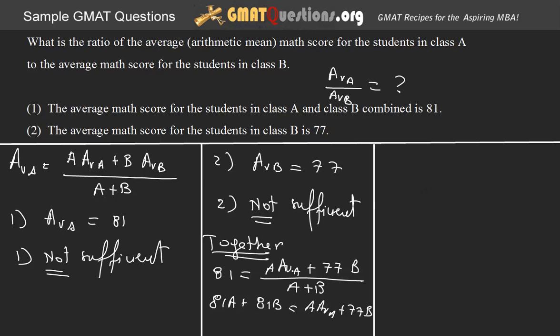With additions and subtraction, we will not be able to do so. And if you try to manipulate this, suppose we isolate AVA on one side. So we're going to say 81A plus 81B minus 77B is equal to A times AVA.